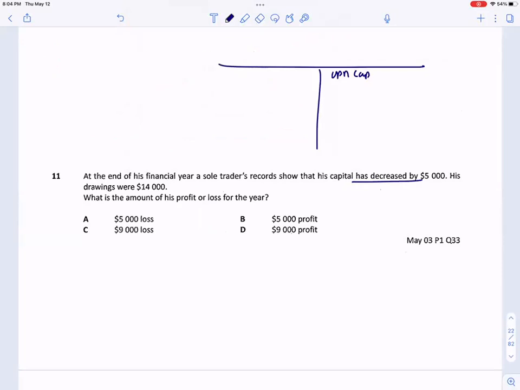Capital has decreased, so you take any random figure as the opening capital. I'm taking 15,000. And since the capital has decreased, I'll take the closing capital 10,000, because capital has decreased by 5,000. His drawings were 14,000. You can take any random figure, and to arrive at the closing capital, you will just reduce 5,000.